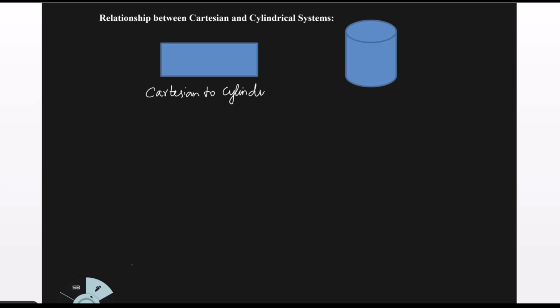What are the letters for the Cartesian system? x, y, z. The points used to represent a cylindrical coordinate system are r, phi, z.